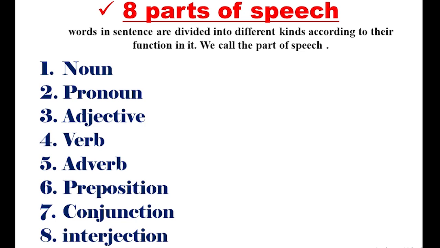We call them the parts of speech. There are 8 in number: noun, pronoun, adjective, verb, adverb, preposition, conjunction, and interjection. We are going to see them one by one. Let's go.